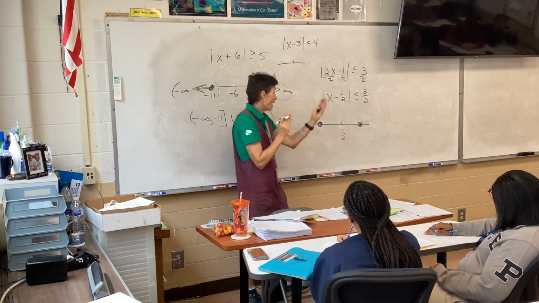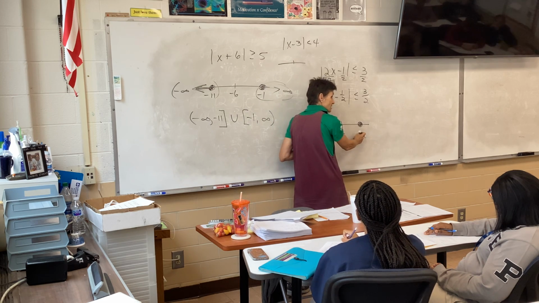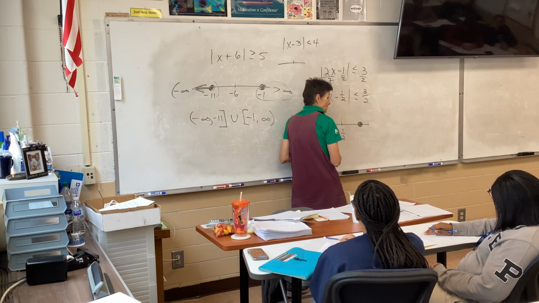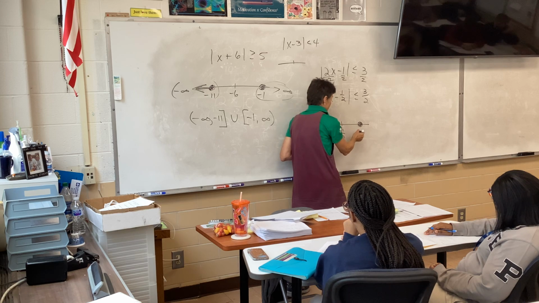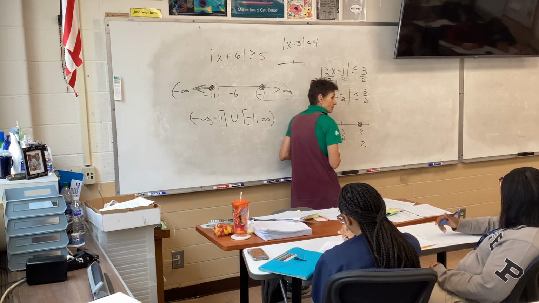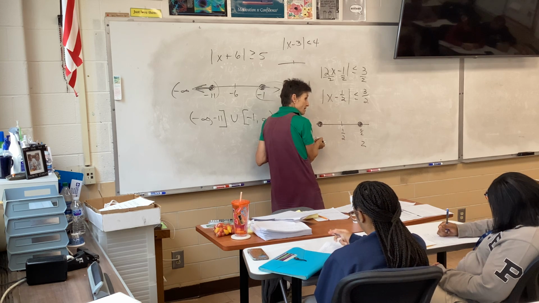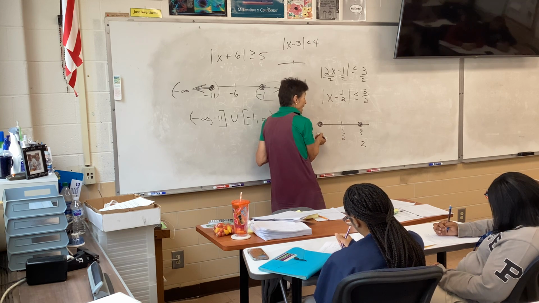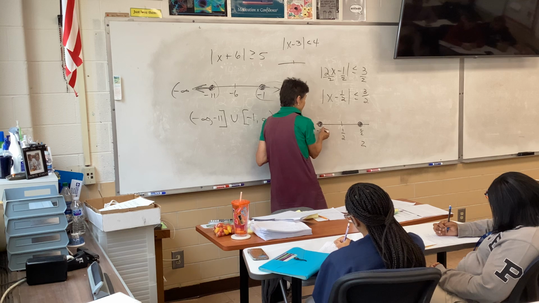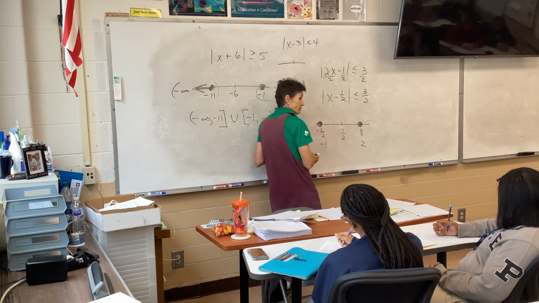Now, what happens if I go 3/2 this way? Where would I be? I'd be at 4/2, right, which is 2. And if I went 3/2 this way, I would be at negative 2/2 or negative 1.